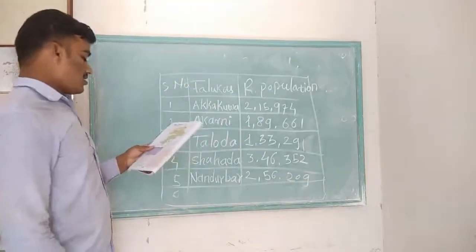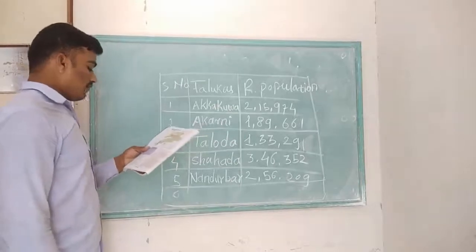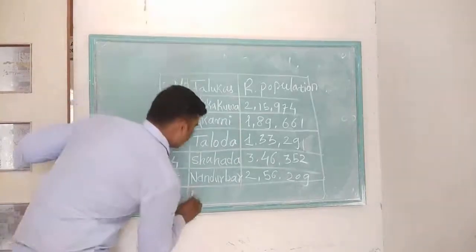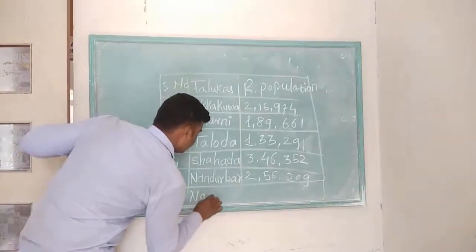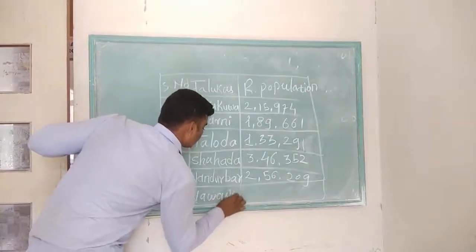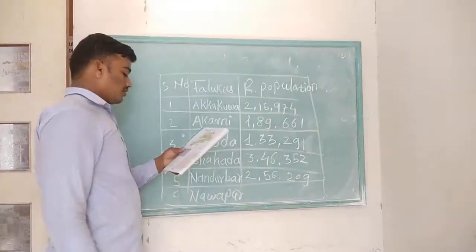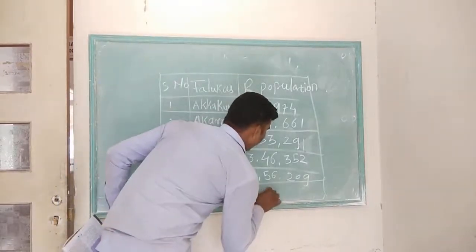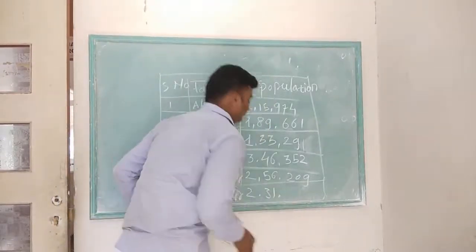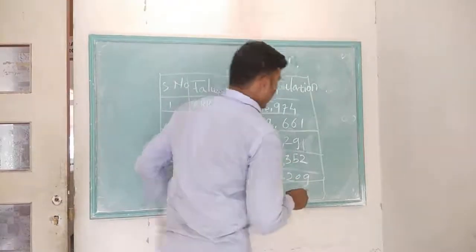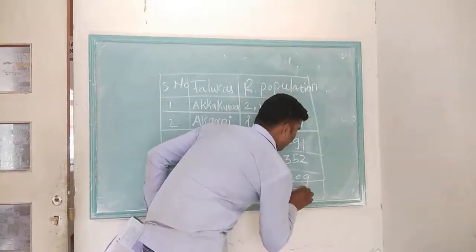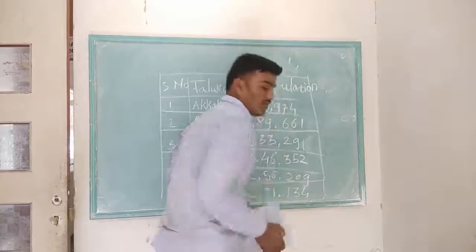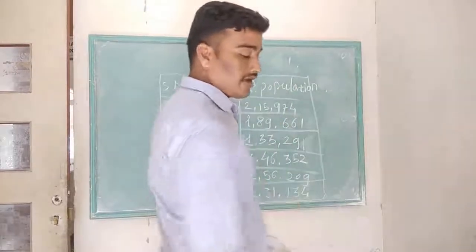And the last one, number 6, Nawapur, 2,31,134. So here we are going to see what exactly we have to do.